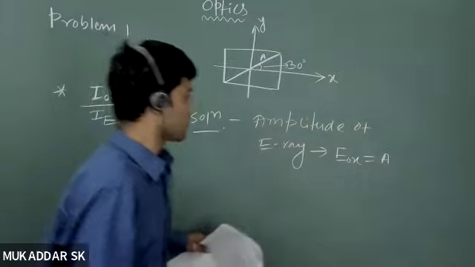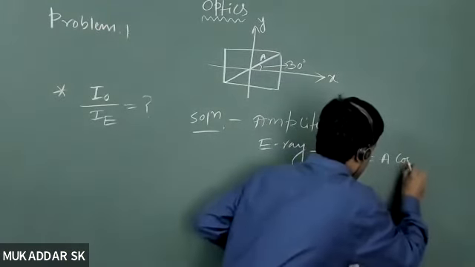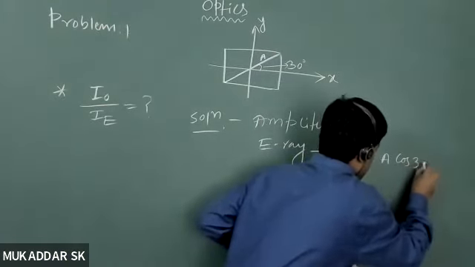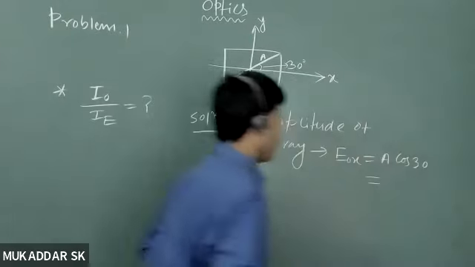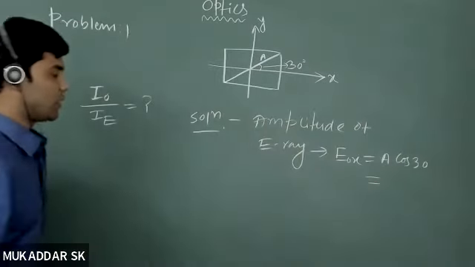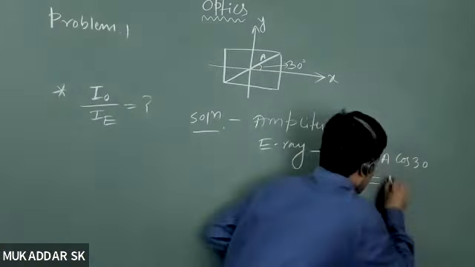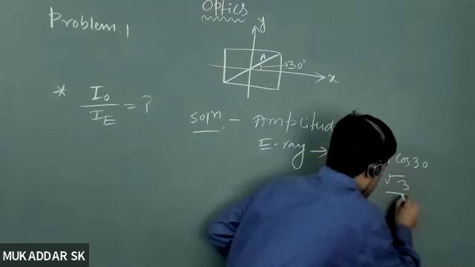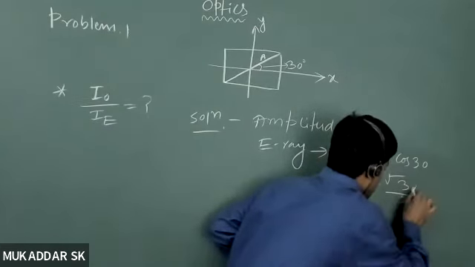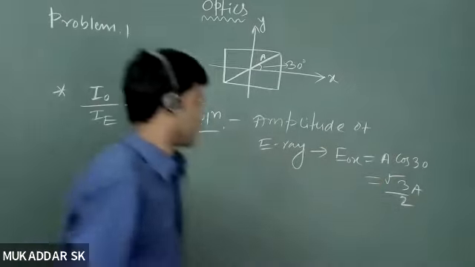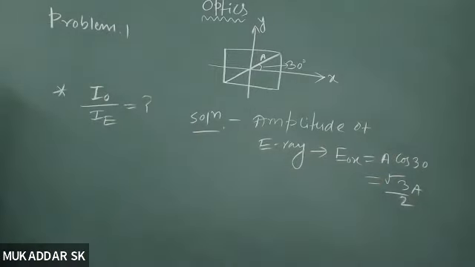Theta is 30 degree, so A cosine 30 degree, and cosine 30 is root 3 by 2. So root 3 A by 2 will be the amplitude of E ray.